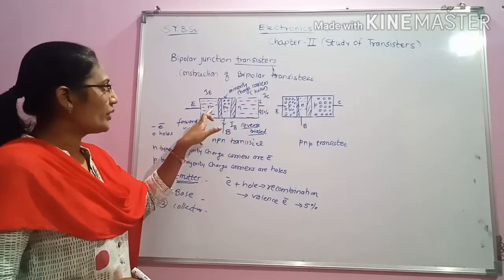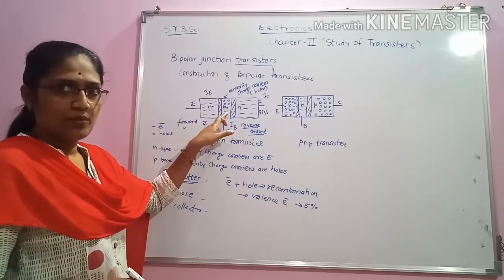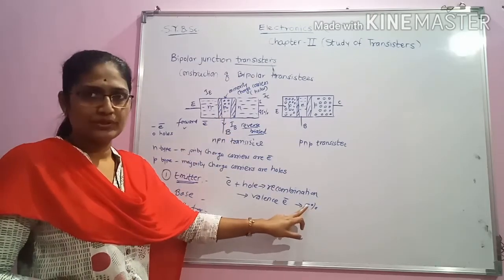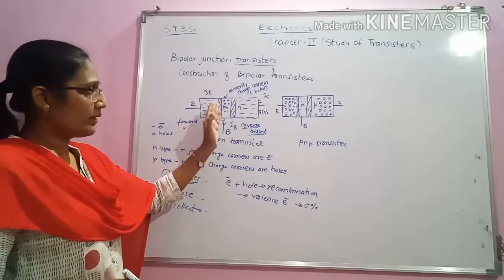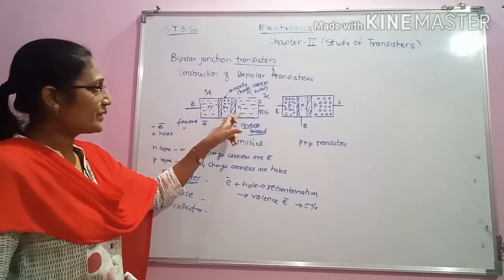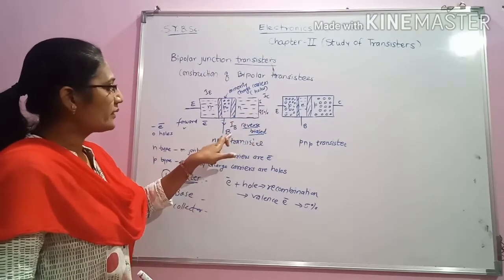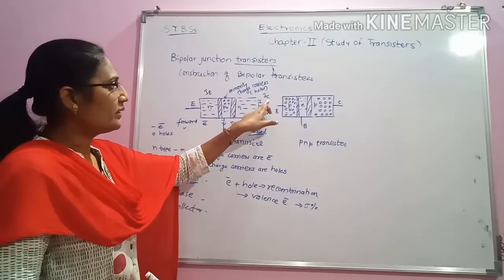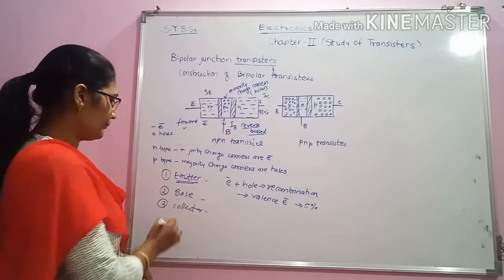These electrons coming from the emitter will combine with the holes, but the combination is only 5%, and the remaining 95% of the electrons will get transmitted through the collector base junction, and they will create the current called collector current.